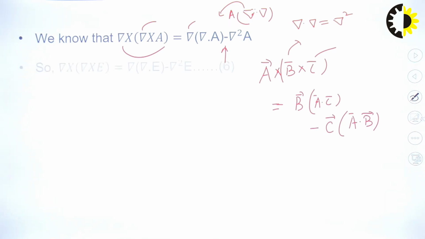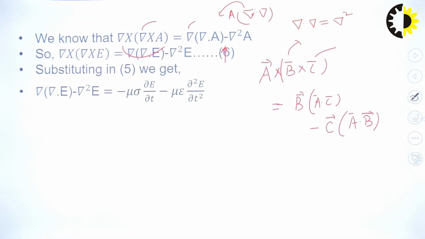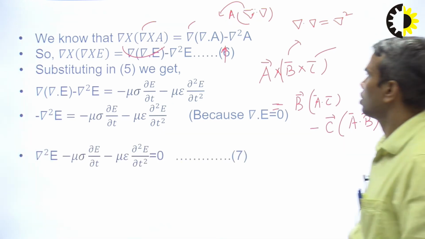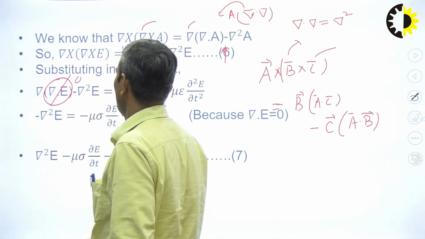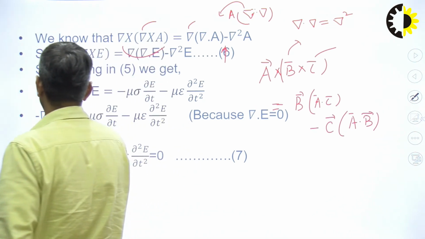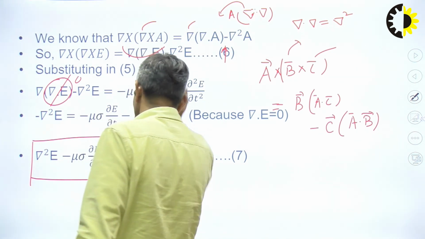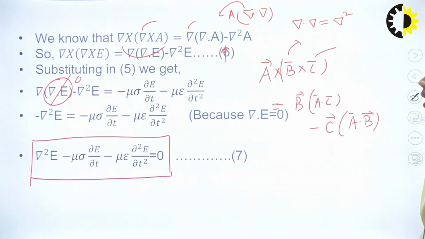This del dot del is known as Laplacian operator. So if we substitute this value in earlier equation, because del dot E is 0, finally we get a partial differential equation which is wave equation in conducting medium.